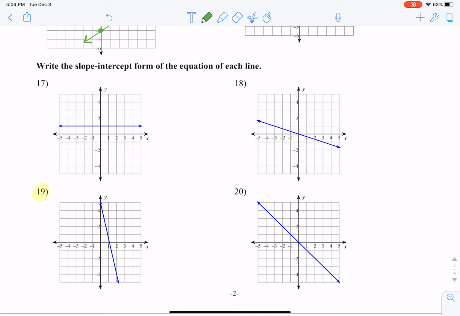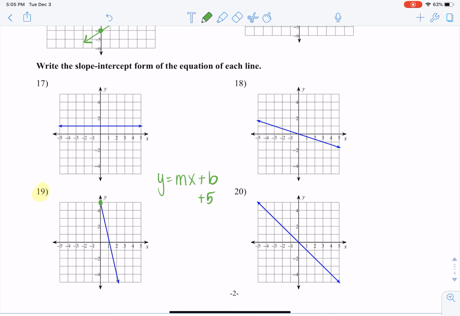Your last section here says write the slope-intercept form of each equation of the line. So slope-intercept form is y equals mx plus b. And it looks here that my y-intercept is going to be 5, and my slope, let's pick some nice points here.